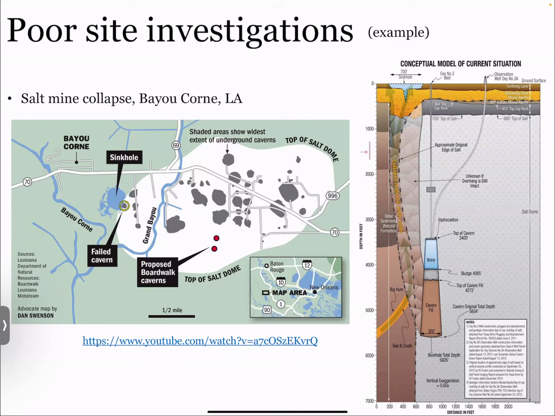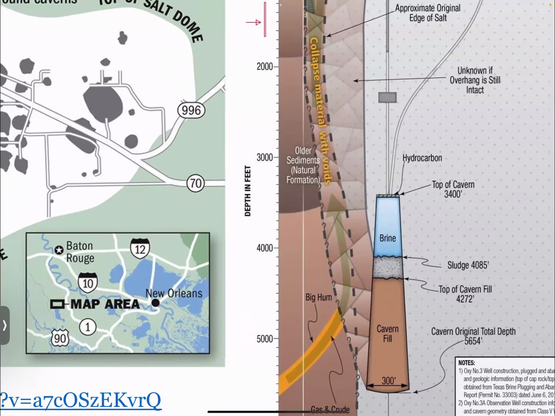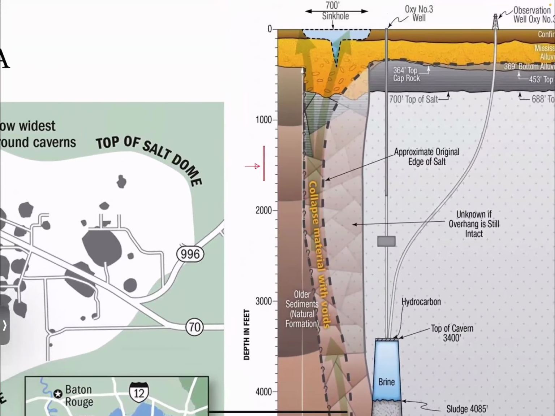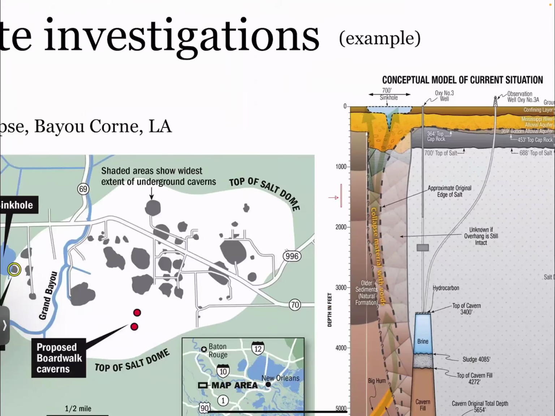Essentially, they were doing the site investigation and the original planning for a new borehole for the mine, and they were offset too much and it penetrated this salt dome cavity, 3,500 feet below ground. All of that soil just fell into that cavity and created that massive sinkhole.